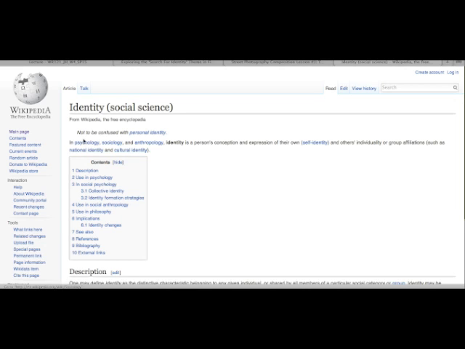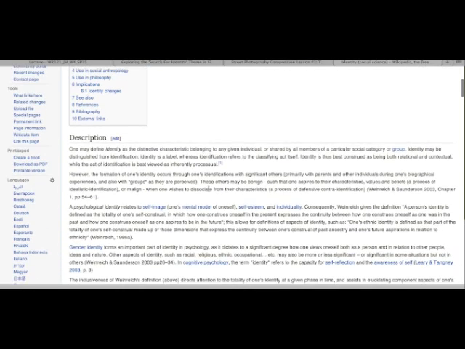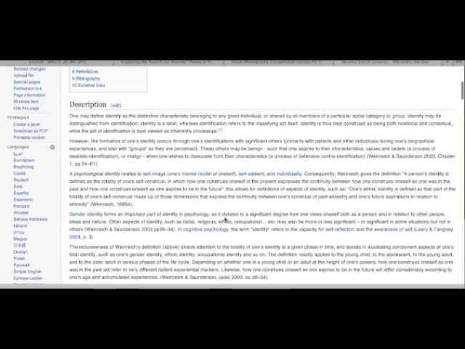So, in psychology, sociology, and anthropology, identity is a person's conception and expression of their own self-identity and others' individuality or group affiliations, such as national identity or cultural identity. There's a little description down here. It goes on and talks pretty in-depth and comprehensively about identity, and it even focuses on different aspects of identity.